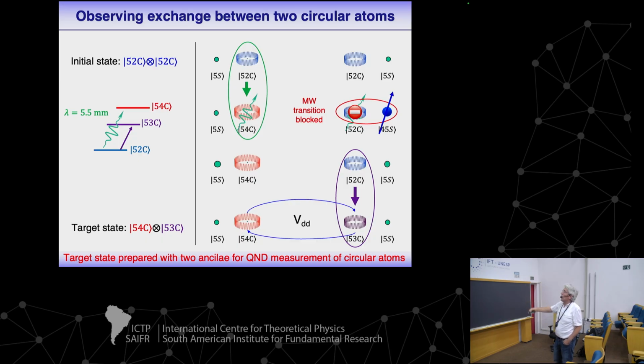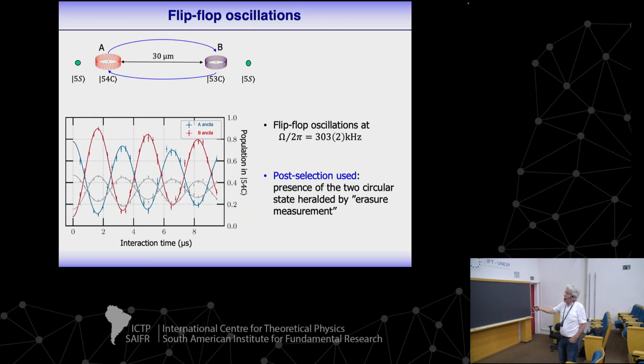The first atom does not see it because it's non-resonant. So everything is ready for observing exchange interaction. And in the experiment, indeed, we observe nicely contrasted exchange interaction for atoms separated by 30 micrometers from each other. And in this data, we have a post-selection process which allows us to keep the data only if both circular atoms are present, which gives this nicely contrasted exchange signal.